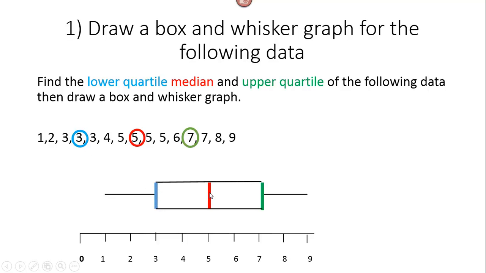The red line corresponds to the median or the middle number, and the 7 corresponds to the upper quartile, and the 9 corresponds to the highest number. So what you do is draw these solid lines for the median, the lower quartile and upper quartile, and then you turn that into a box, and these two lines represent the whiskers. So it shows spread, so that data there is relatively evenly spread.